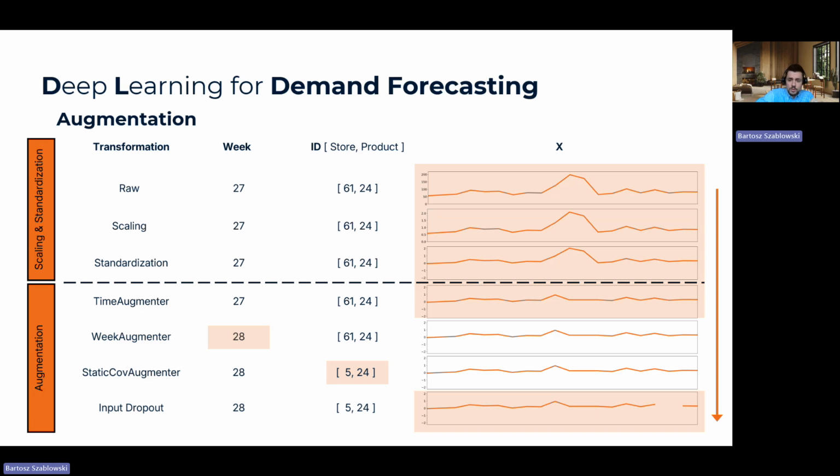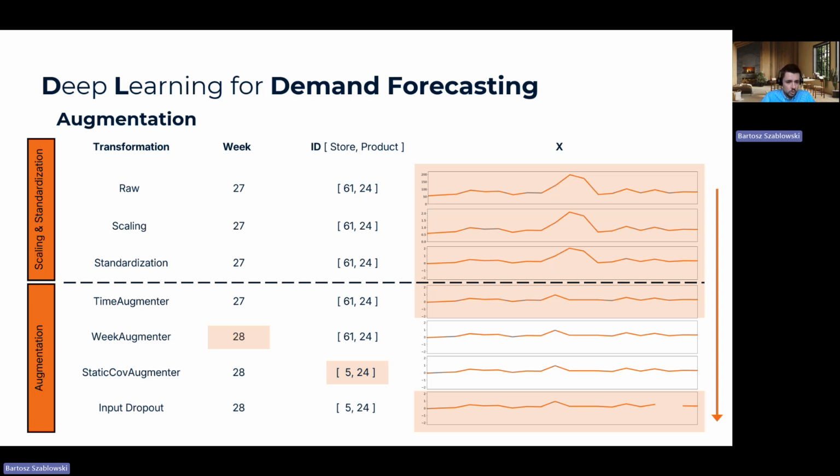The first one is the time augmenter, which slightly rescales the series of the context, of course, not the entire series. Mask a random fragment of the series and replace that masked fragment with the median of that context. And finally, add some random noise, but without changing weeks affected by stockout. Next, we have the week augmenter, which shifts the week number by 1 or 2, so the network doesn't become too attached to a very specific position in the calendar.